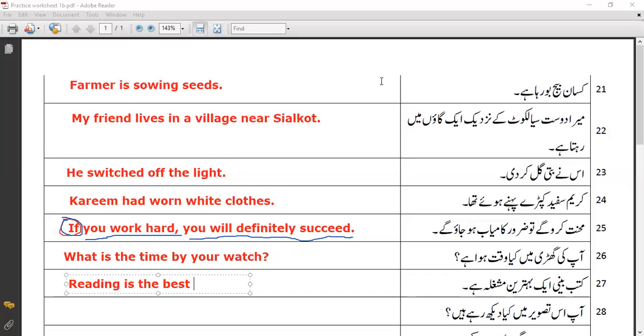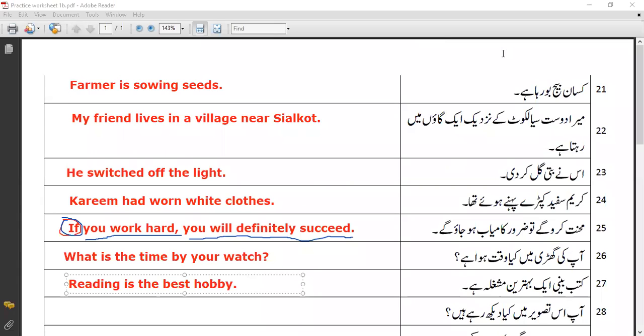Now mashghala, you can also write the proper translation over here. If you go for it, you can write hobby. I was looking for the word pastime, but actually in English there's no one word pastime. They write past and time as separate words. So you can write hobby. Reading is the best hobby.